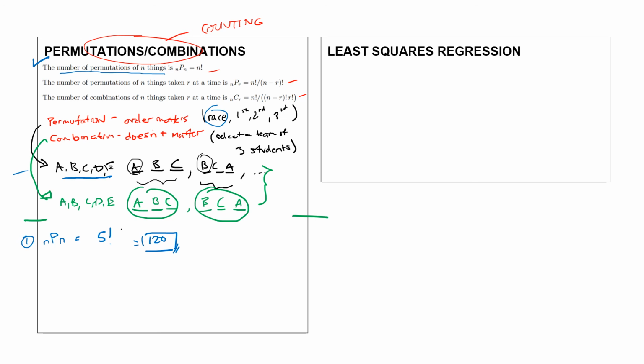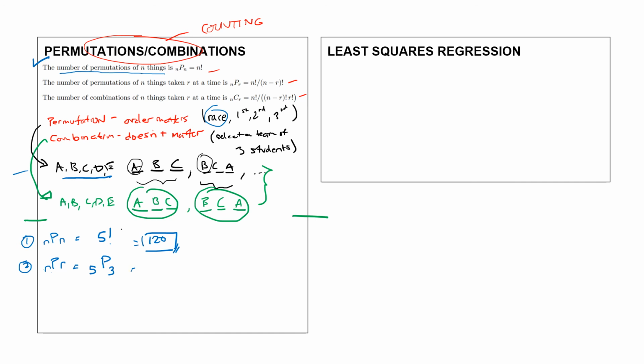The second one is permutations of n things taken r at a time. In our case, nPr, we're going to say 5 students taken 3 at a time, right? And that's how many ways can they come in first, second, third place. That was our example here that we wrote in black.